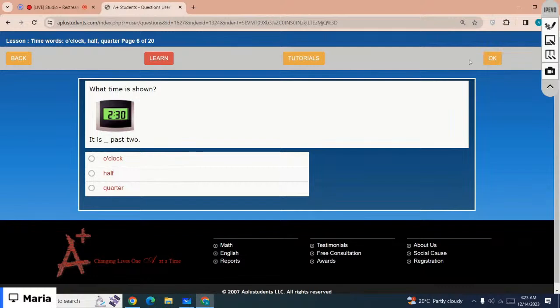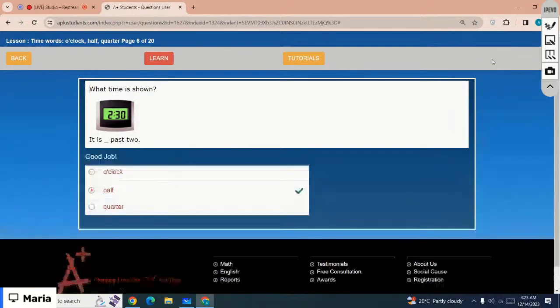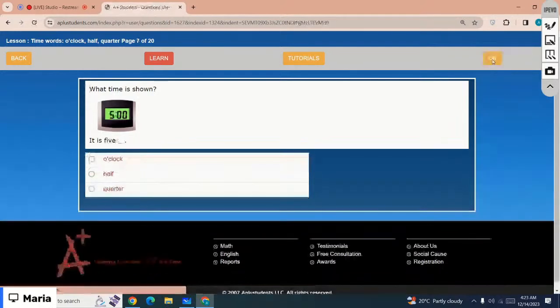So the correct option is half past 2. What time is shown, which is the correct option?